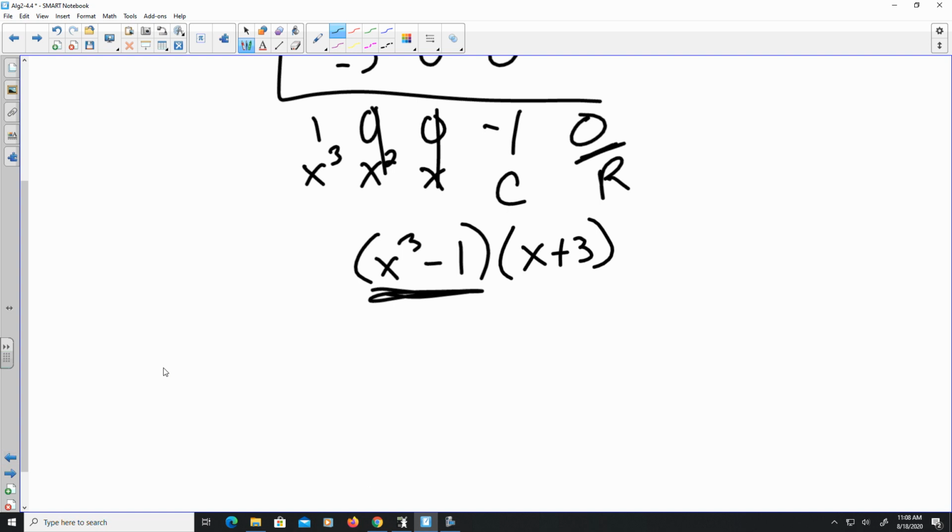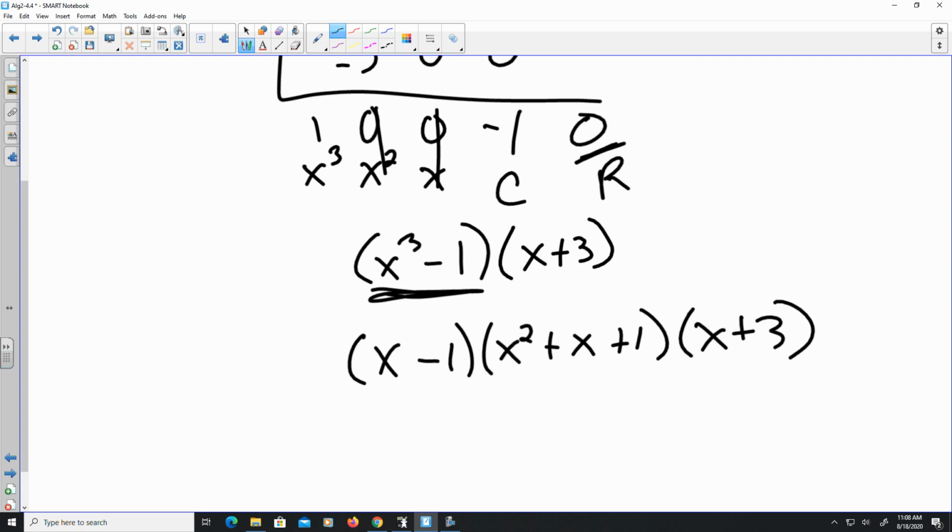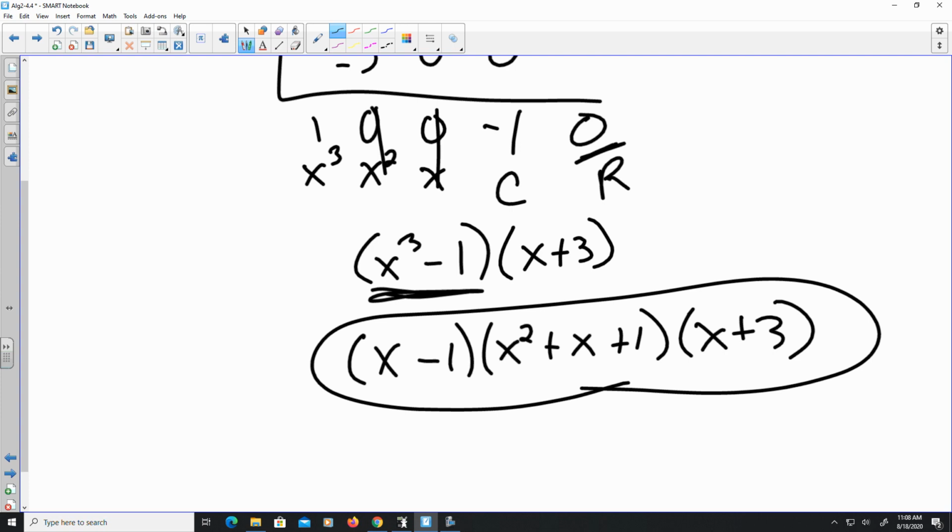So this is now going to be x minus 1 times x squared plus x plus 1. And then the x plus 3 is there as well. And that would be my completely factored polynomial for that particular situation.